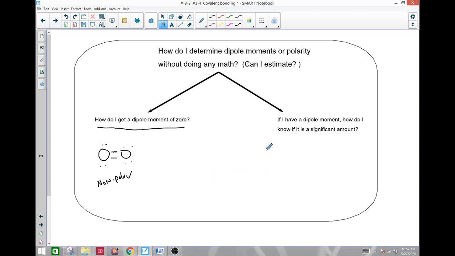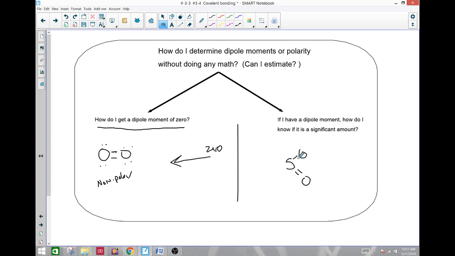So first of all, if you know now that this gives you 0, here you're not 0. You have something, so there are two different atoms here. How do we know if it's significant? Let's say SO2. It looks like this, and it's got a double bond here.